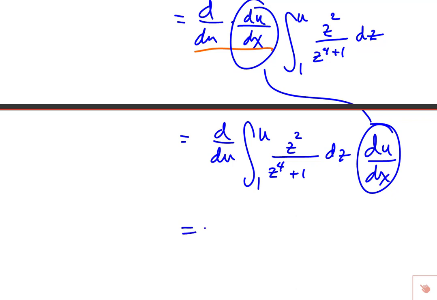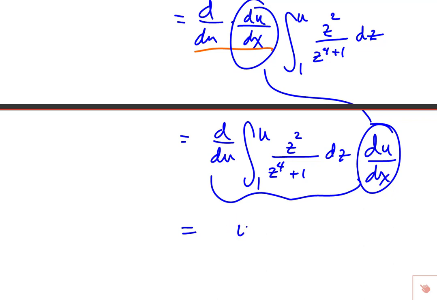Well, because now what we've actually created in the first part of what we have before this du/dx at the end is an opportunity to use the FTC1, the fundamental theorem part 1. Notice now we have the integral from 1 to u, so it's a simple variable, that's the one we swapped out, of this z squared over z to the 4th plus 1 dz.